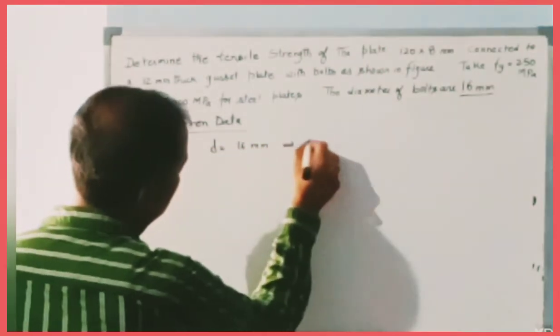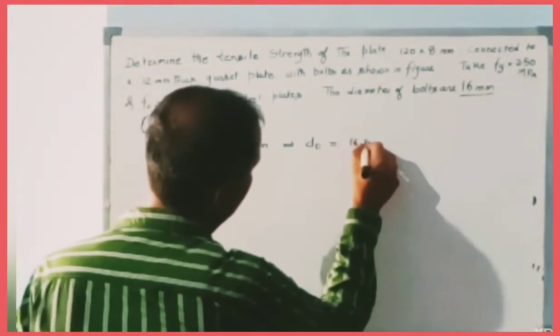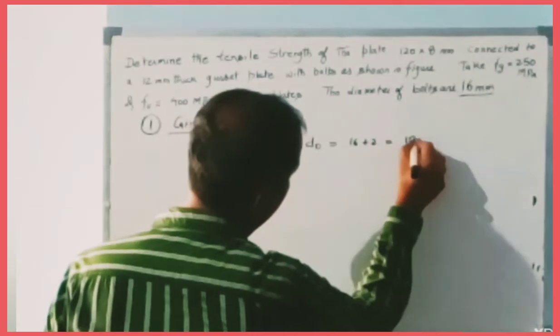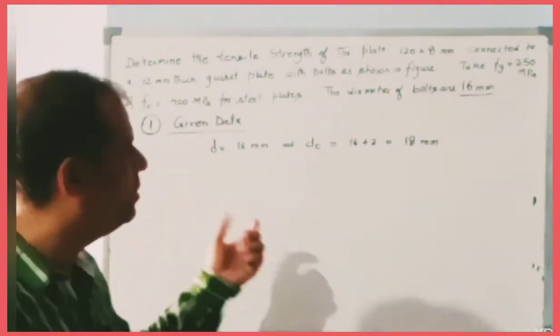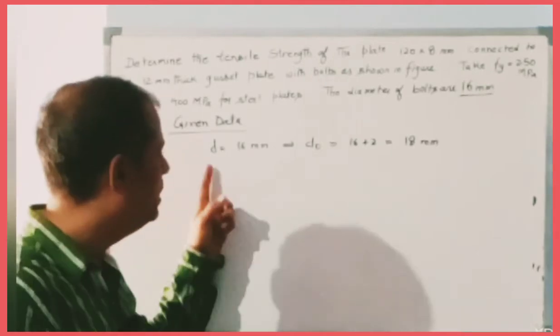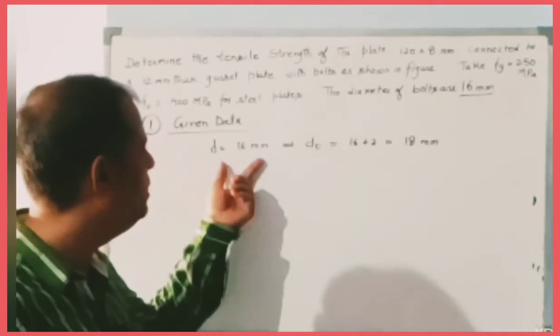So the diameter of the drilled hole would be 16 plus 2, that is 18 mm. We need a larger drilled hole to insert the bolt into the plates. So the diameter of the drilled hole will be 2 mm extra.